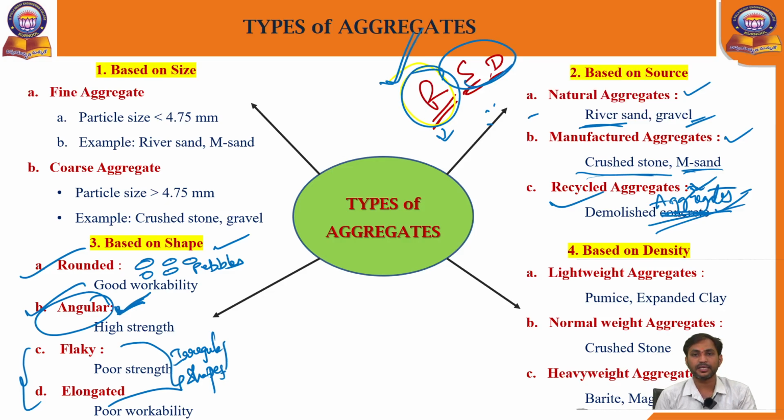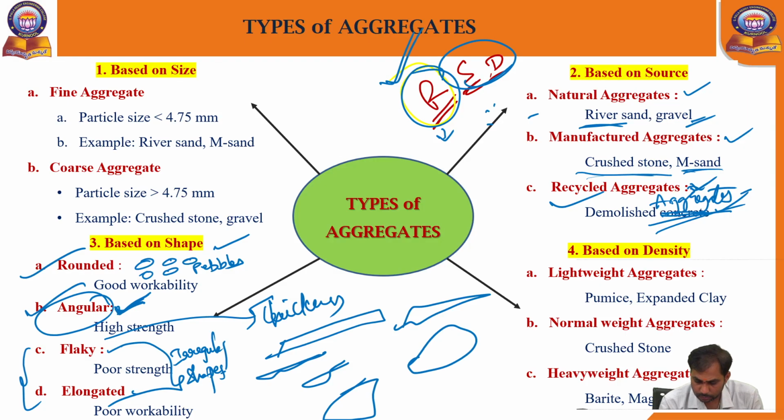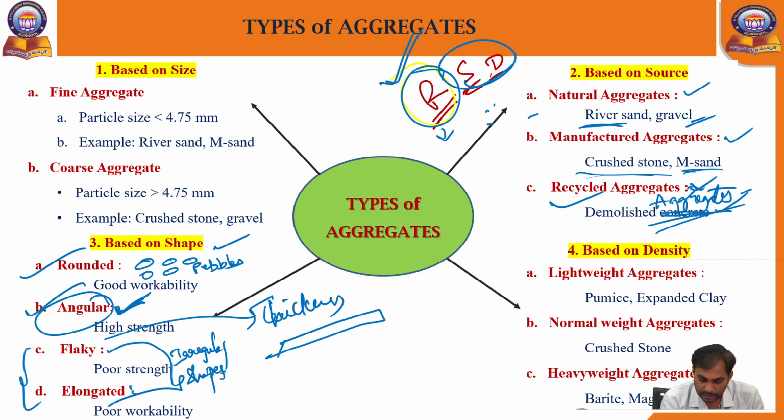Coming to the irregulars, there are two types of shapes. One is flaky, another is elongated. Flakiness indicates the thickness part. Coming to the elongated, it indicates the length of an aggregate.